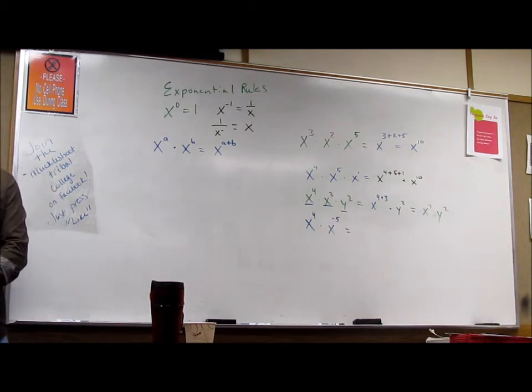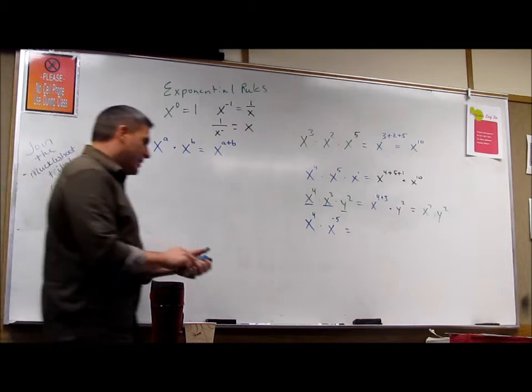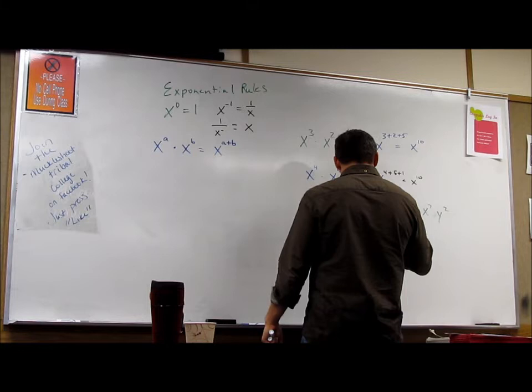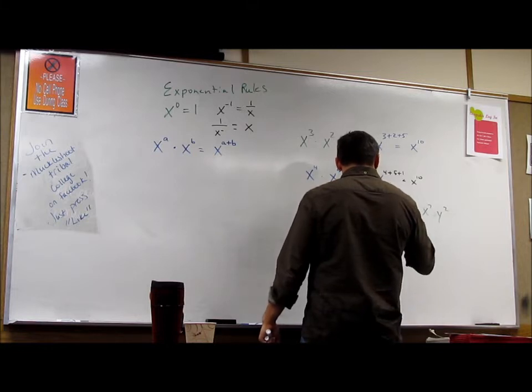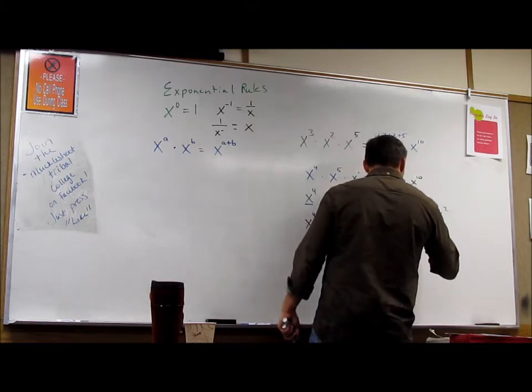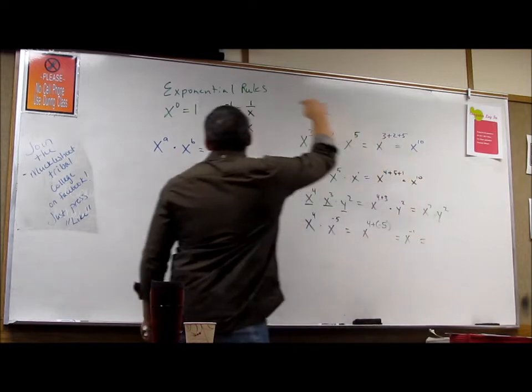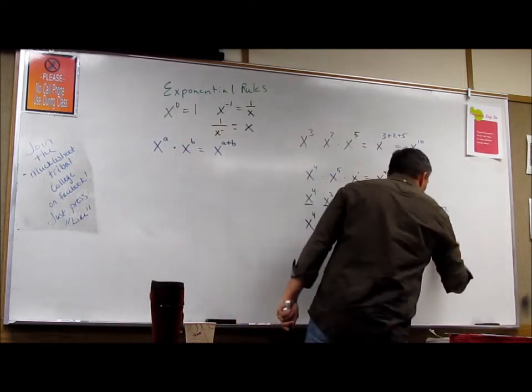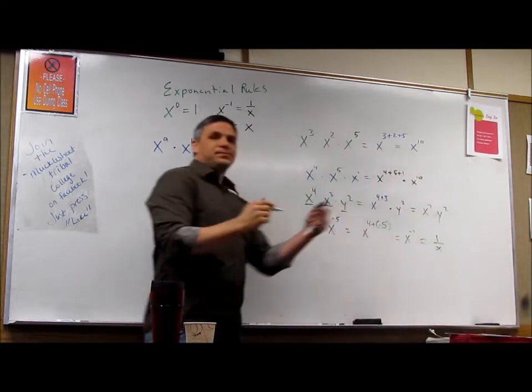Yes. Because you're saying x to the 4th plus a negative 5, which equals x to the negative 1, which we already learned x to the negative 1 is 1 over x, so that's 1 over x.